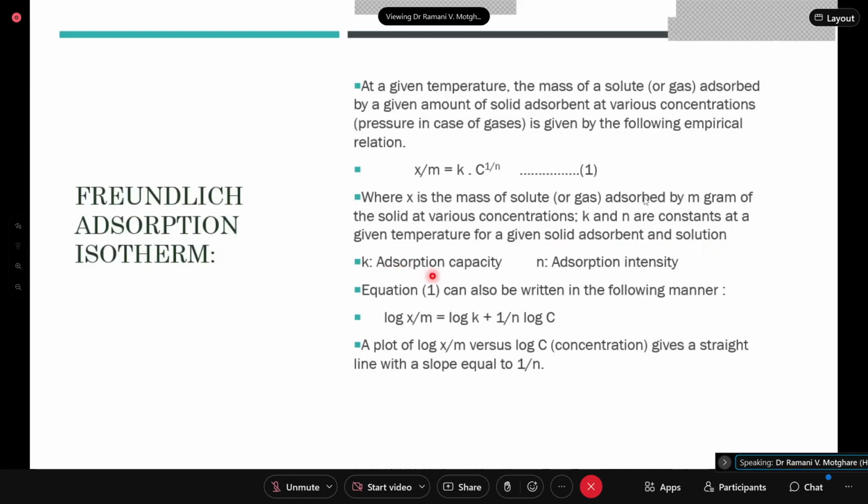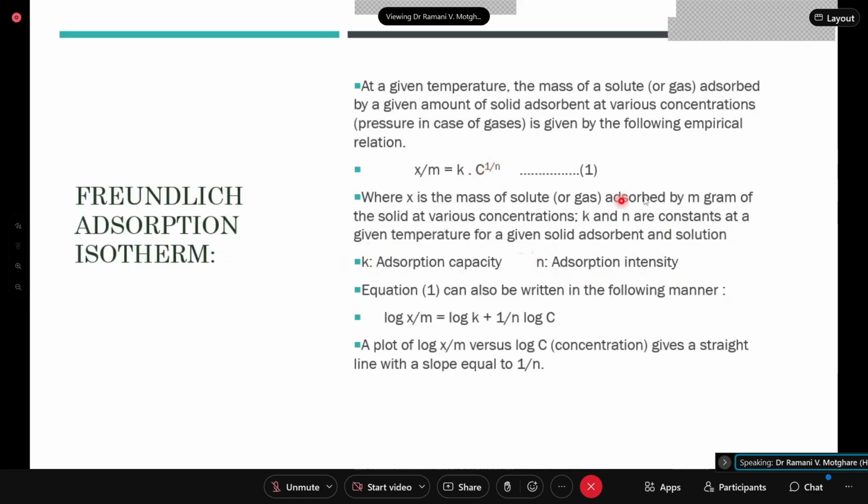K is the adsorption capacity, and its value is obtained if you extrapolate the line to the y-axis; the intercept on the y-axis will give you the log K value, and N, the adsorption intensity, is obtained from the slope values.